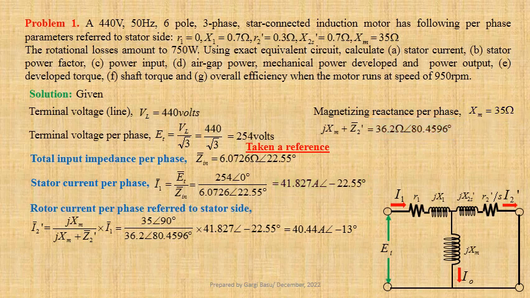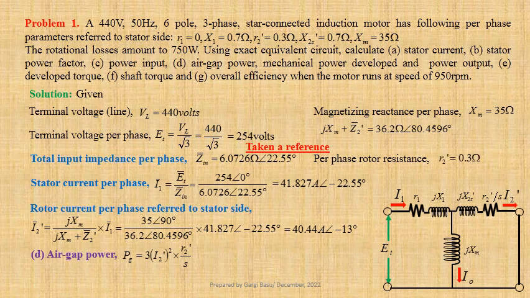Expression for air gap power Pg equals 3 times I2 dash square into R2 dash by S. Given per phase rotor resistance referred to the stator R2 dash equals 0.3 ohm, and we have computed slip S equals 0.05 per unit.